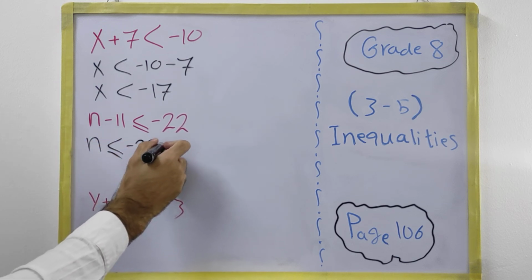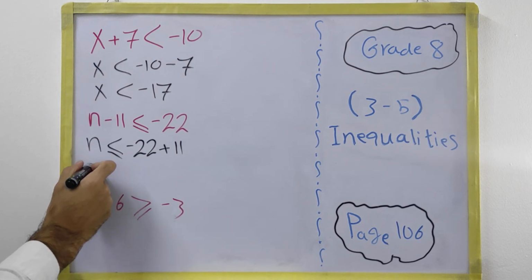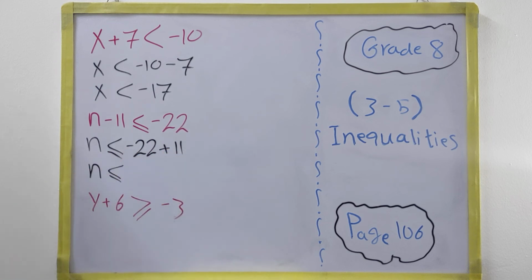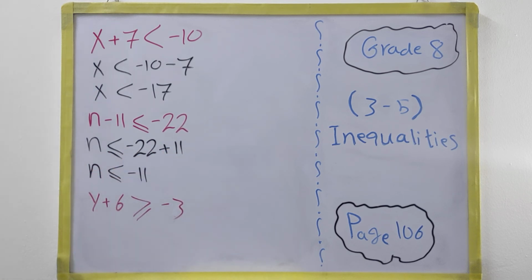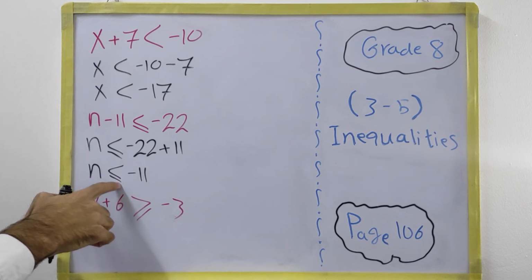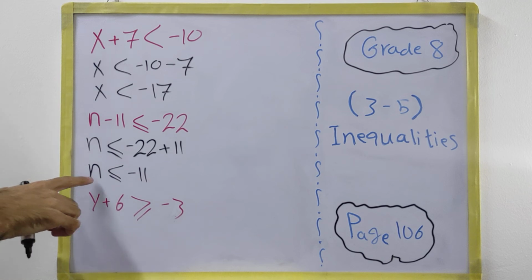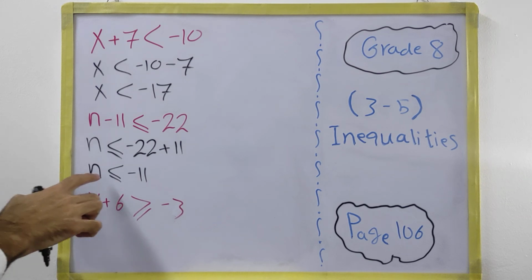Negative 22 plus 11 will be negative 11. N is less than or equal to negative 11. It means n can be negative 11 or any number which is less than negative 11, like negative 12, negative 13, negative 15, any number which is less than negative 11.